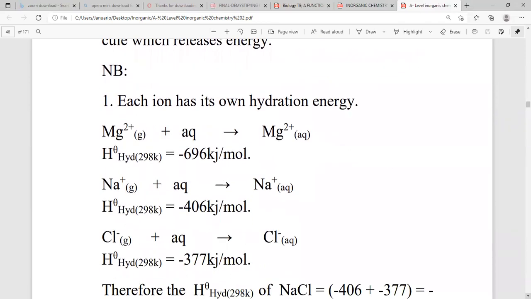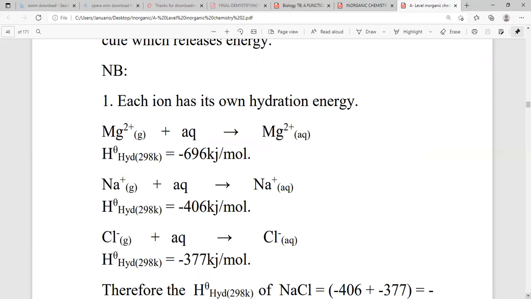And each of the ions has its own hydration energy. For example, look at the magnesium gaseous ion plus water, which gives magnesium 2 plus aqueous. Hydration energy at 298 Kelvin is negative 696 kilojoules per mole.